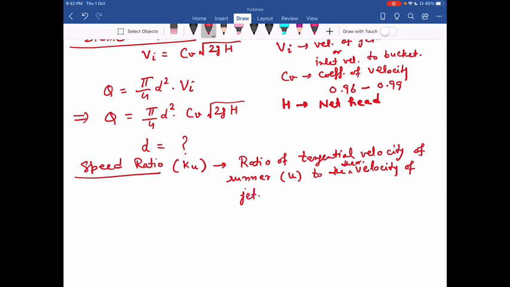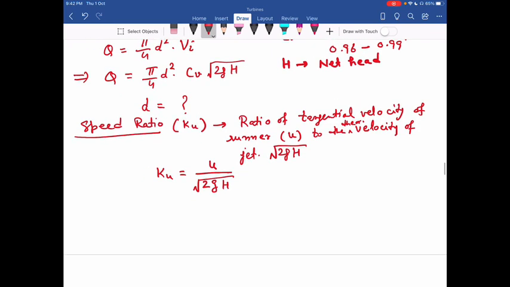So theoretical velocity of jet is under root of 2gh, that is without Cv. So I can write Ku is equal to U divided by under root of 2gh. So this is the formula of speed ratio for Pelton turbine.